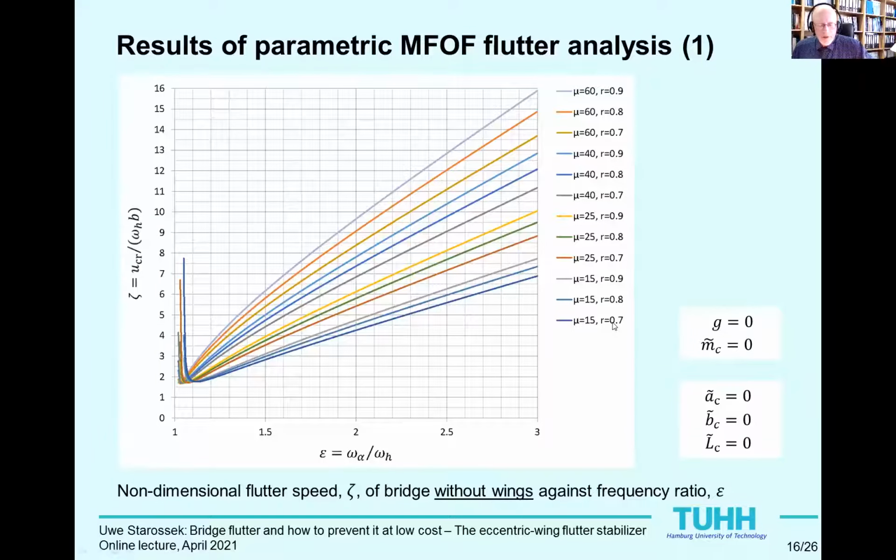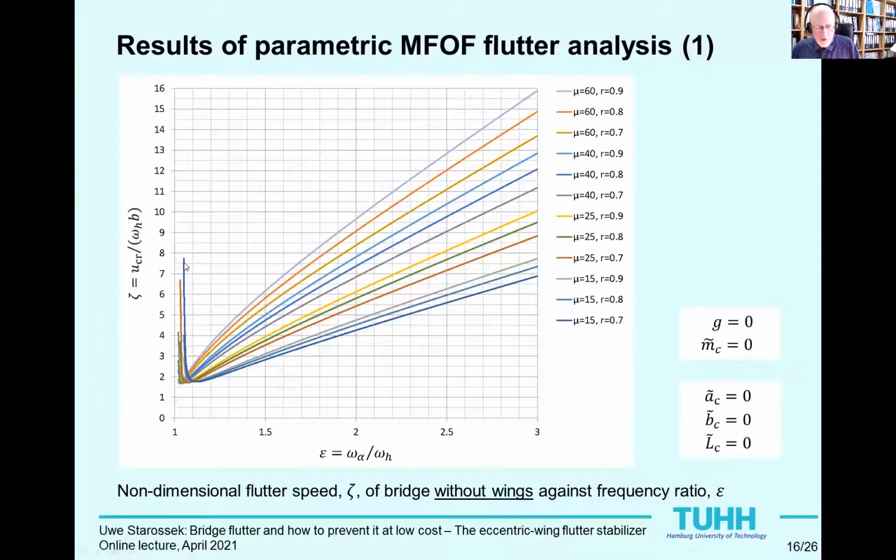In particular, the flutter speed always increases with the frequency ratio epsilon, with the exception of a small range of epsilon close to 1. Furthermore, there always exists a start value of epsilon below which no flutter occurs, and this start value is always larger than 1.